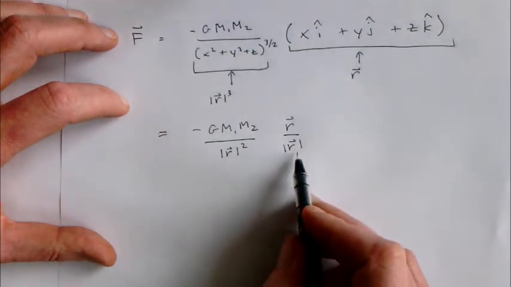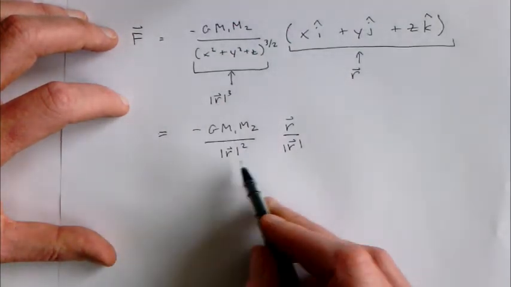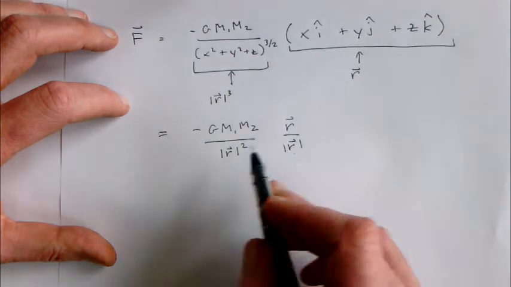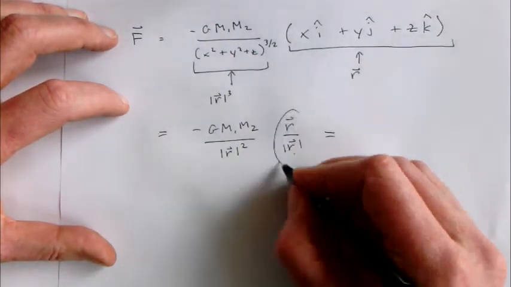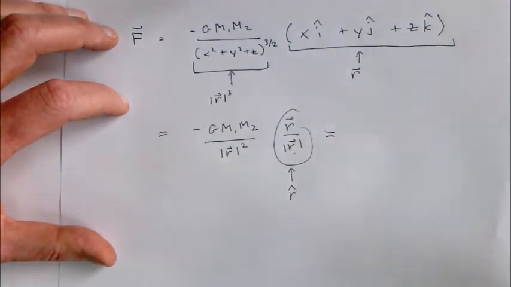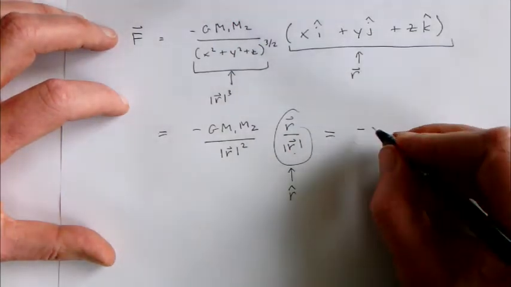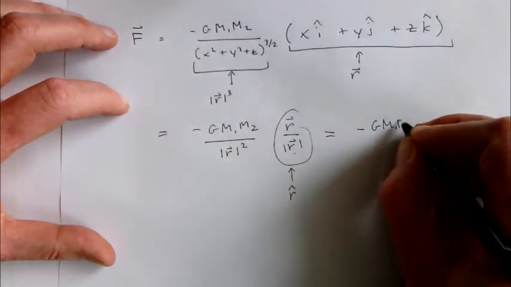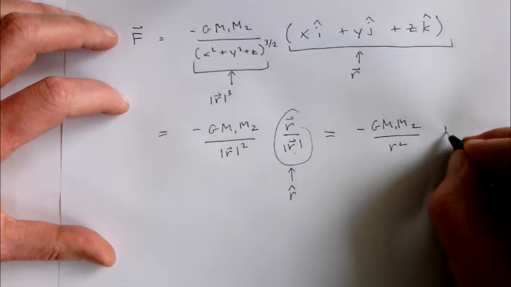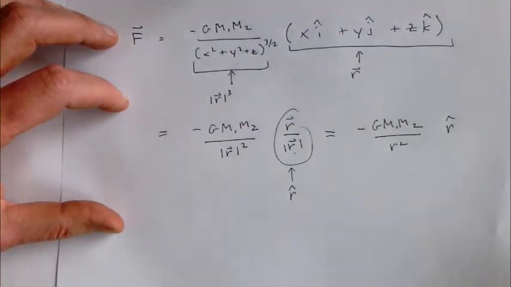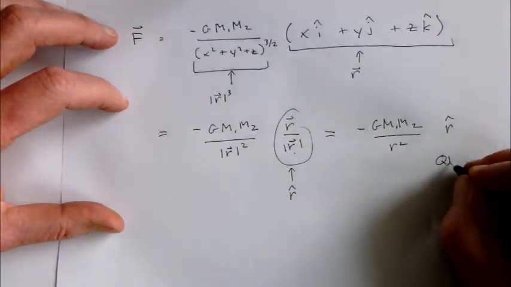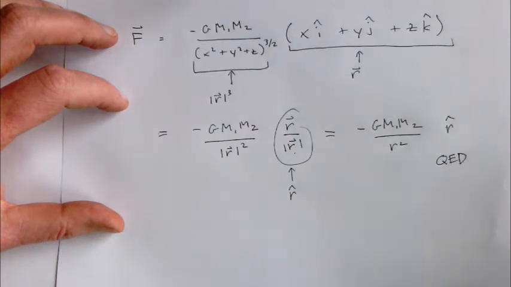Because r squared times this, r cubed, is r squared times r. This is r, so this quantity, of course, is r hat. And so not surprisingly, I get a force that's G times m1 times m2 over r squared in the r hat direction. And now I'll just write QED because it's always nice to use a little bit of Latin.